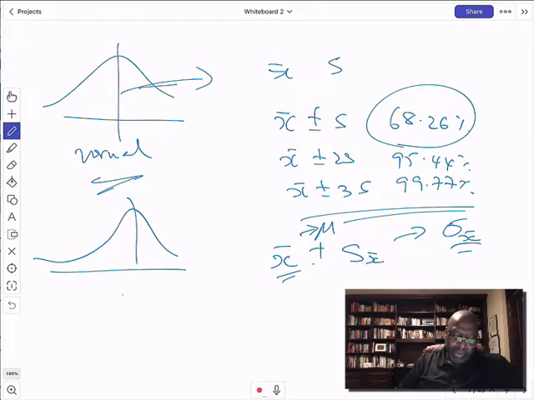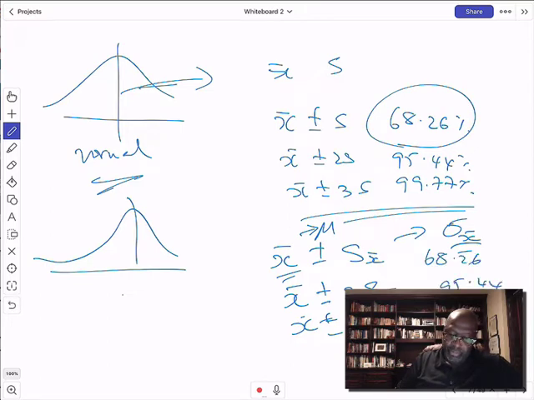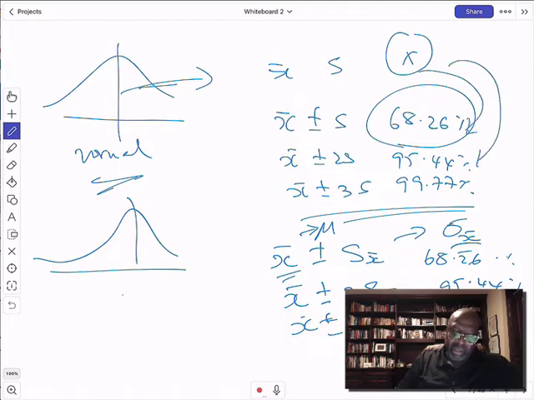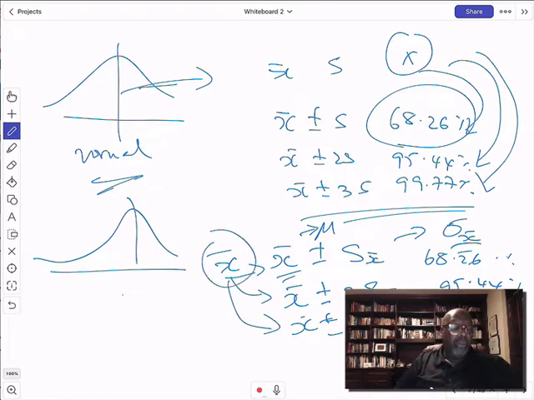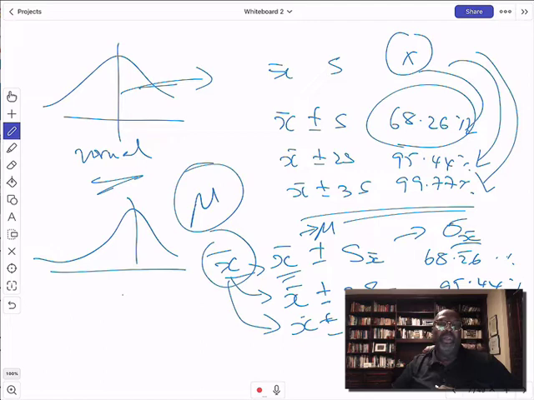If I take x bar plus or minus 1 standard deviation, x bar plus or minus 2 standard deviations, x bar plus or minus 3 standard deviations, that's the same 68.26, 95.44, and 99.77. But this time, instead of individual values falling in those ranges, it will be means falling in those ranges. And perhaps one of those means might actually be the population mean.